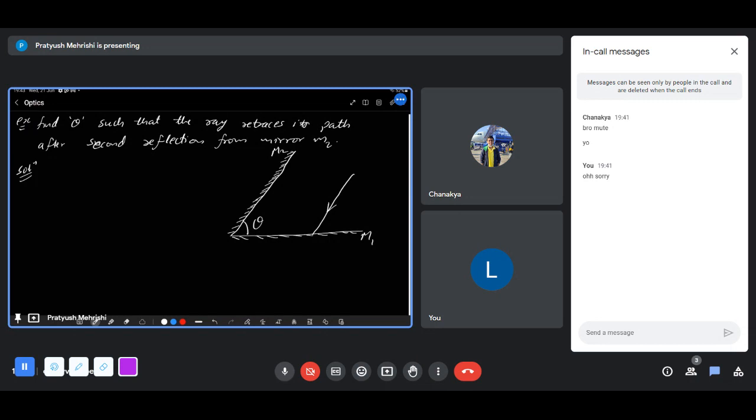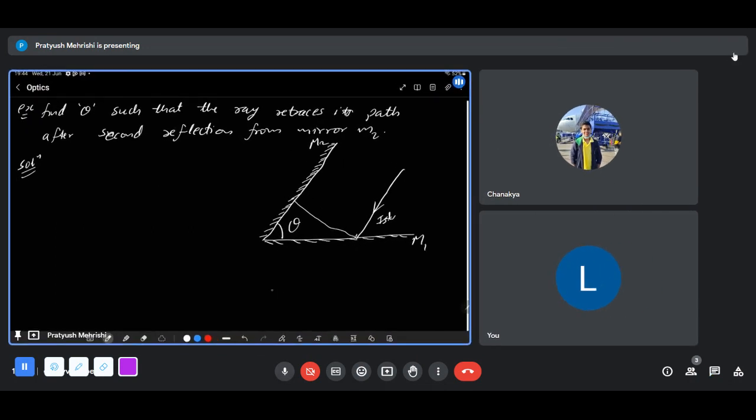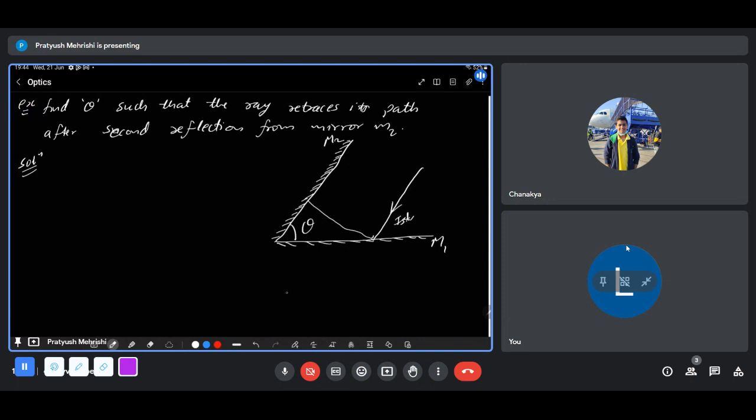It means first the ray is striking here. Second reflection will be from M2. We know that. So the ray will go like this. And for the ray to retrace its path, the ray must be incident perpendicularly. Only in that case will the ray retrace its path.